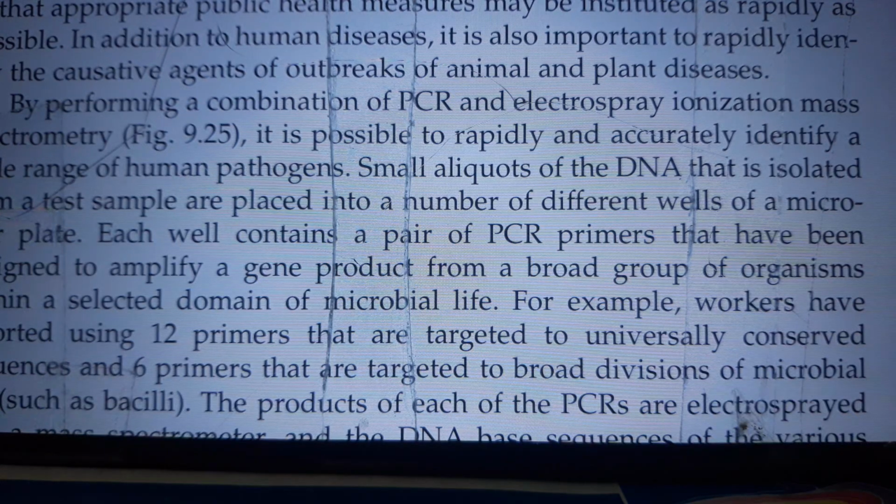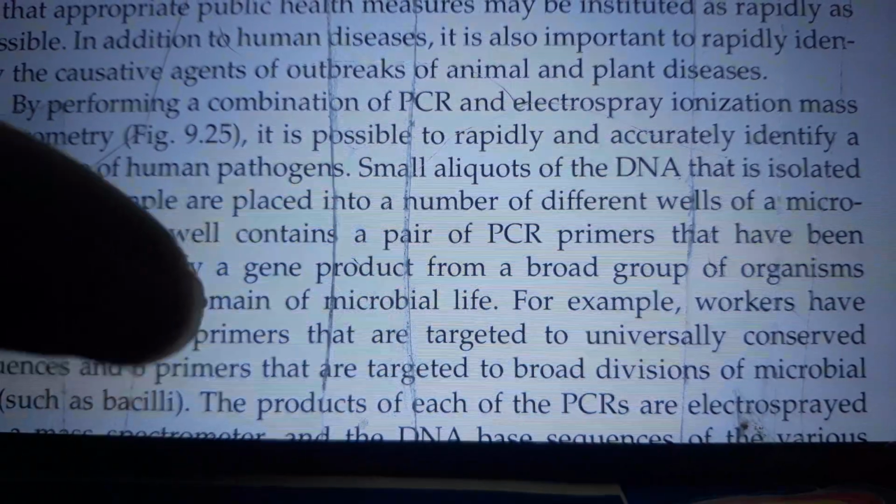By performing a combination of PCR and electrospray ionization mass spectrometry, it is possible to rapidly and accurately identify a wide range of human pathogens. Small aliquots of the DNA that is isolated from a test sample are placed into a number of different wells of a microtiter plate.